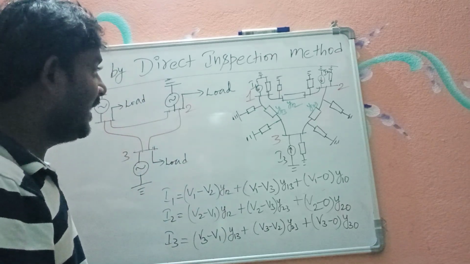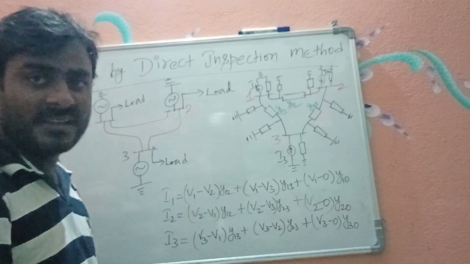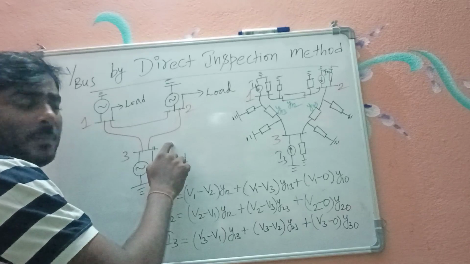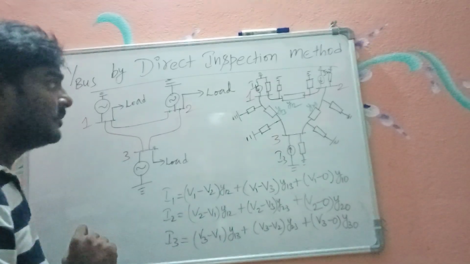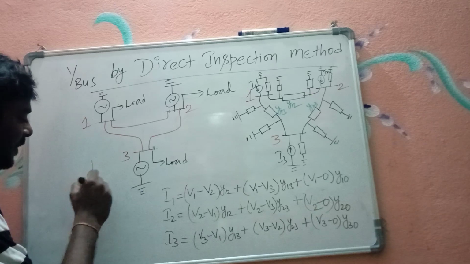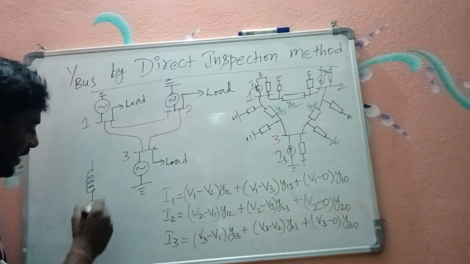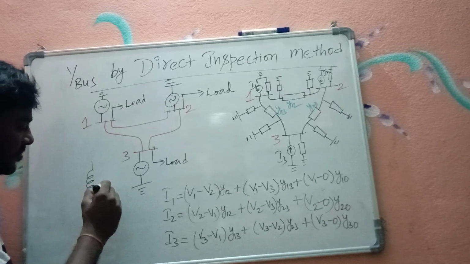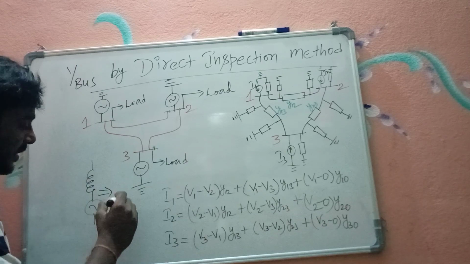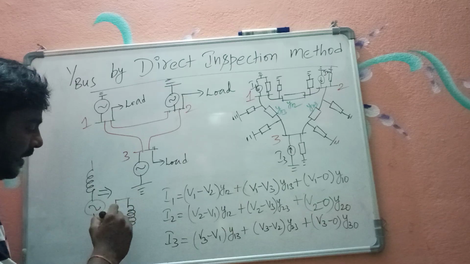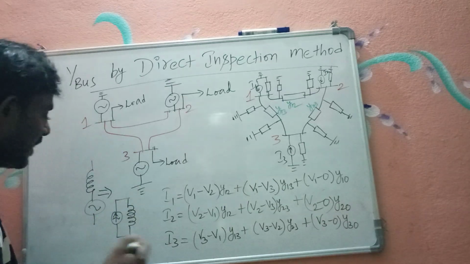Now we will see how to find the bus admittance matrix. Here I can convert this power system network into this diagram. Here this is a generator. A generator is usually represented with a reactance behind a voltage source. With the help of the source transformation technique, I can convert this into the parallel combination of a current source and an impedance or reactance.